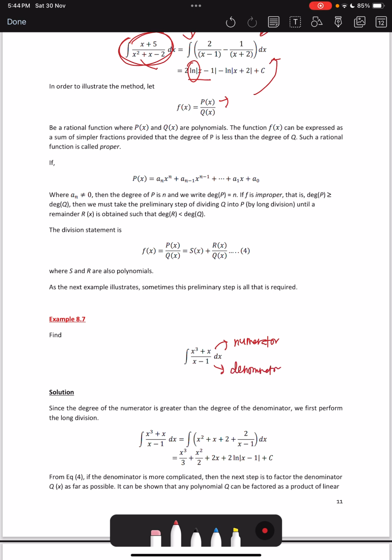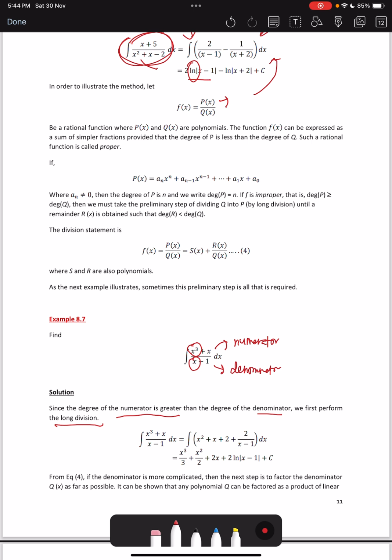You see that the numerator, the top part here, is of higher degree than the denominator, because this is to the power of 3, this is to the power of 1. So when the numerator degree is higher than the denominator, we perform long division first. You can perform long division using a calculator. Actually, it's quite fast. Please search on YouTube on how to do long division using a calculator. It will be faster if you know how to use a calculator rather than doing it manually.